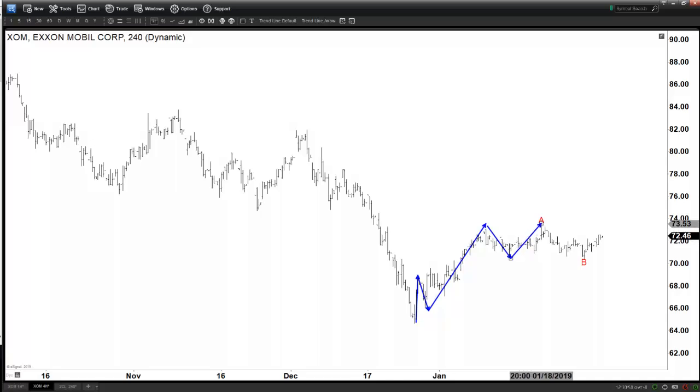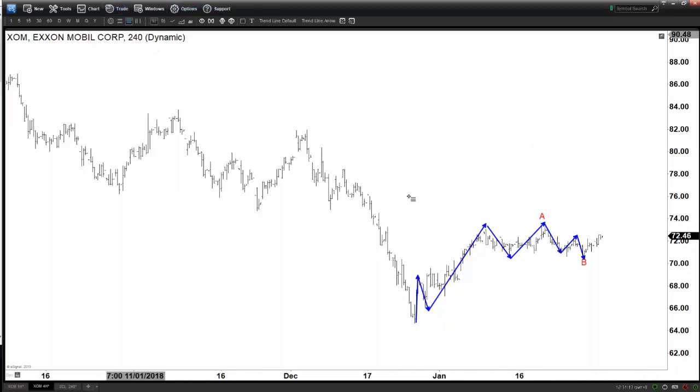So it is 5 waves, and then we get a 3 waves pullback here: 1, 2, 3, and then now if we can get a break above the A, that will confirm the C really starts, right? And then we can get another 5 waves up, and then in a zigzag, and the C leg potentially can go as high as the A leg.